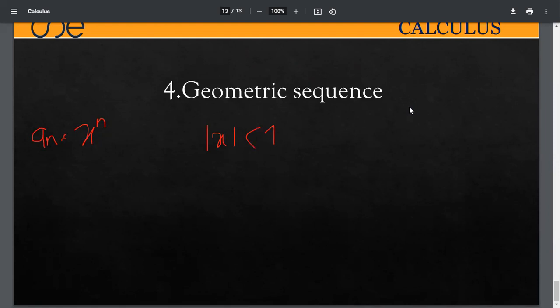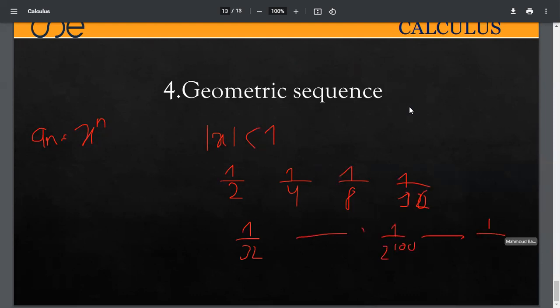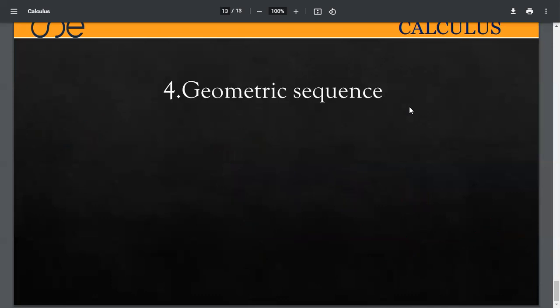Like 1 over 2, 1 over 4, 1 over 8, 1 over 16, 1 over 32. At some point, I will have 1 over 2 power 100, 1 over 2 power 1000. These terms keep getting smaller and smaller. This means that the sequence will converge.